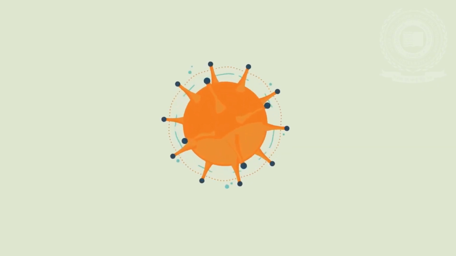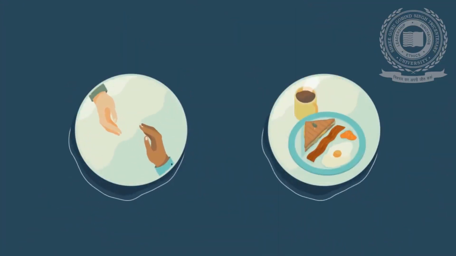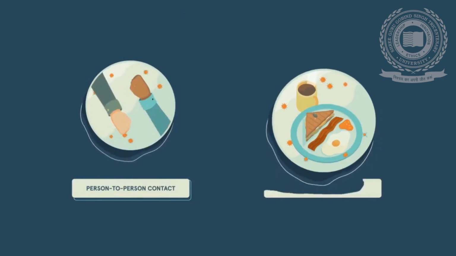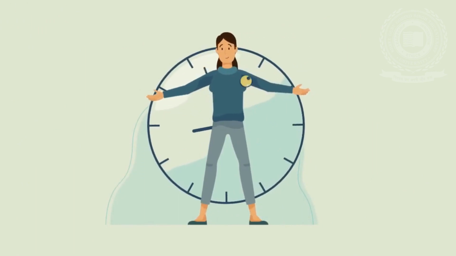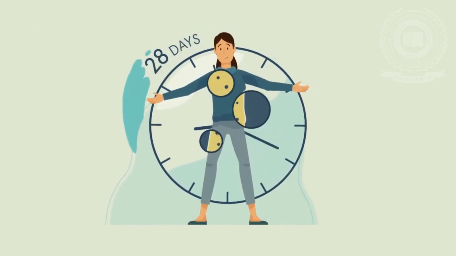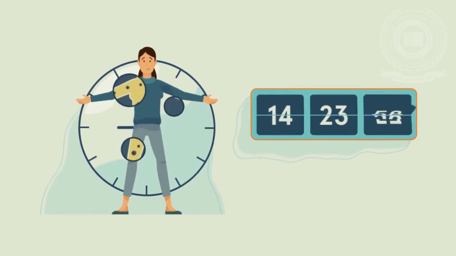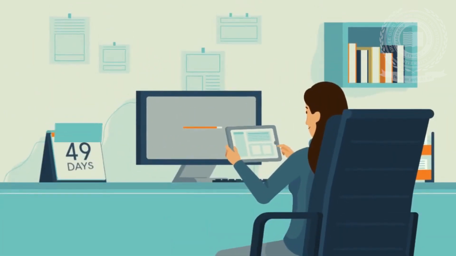Hepatitis A is a vaccine preventable disease that is transmitted either through person-to-person contact or contaminated food or water. Symptoms typically begin about 28 days after infection, but can show up as early as 15 days or as late as almost 50 days after exposure.